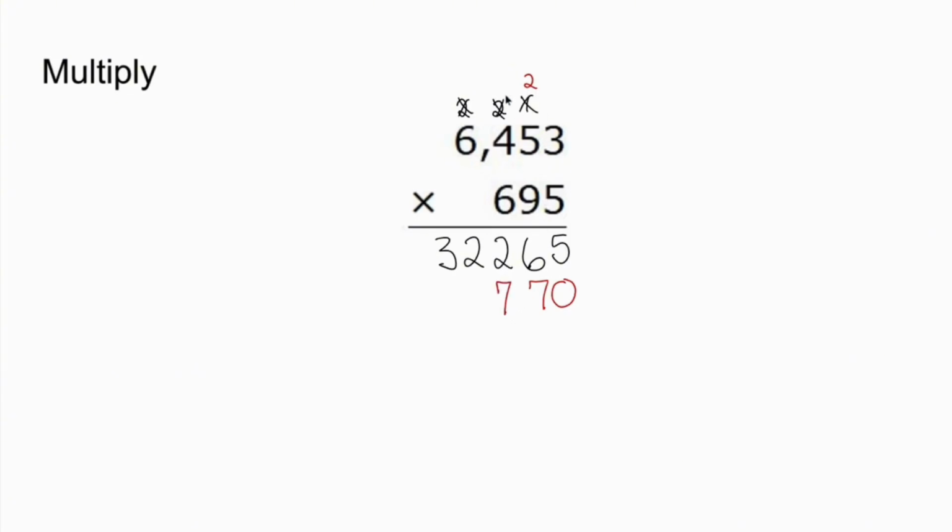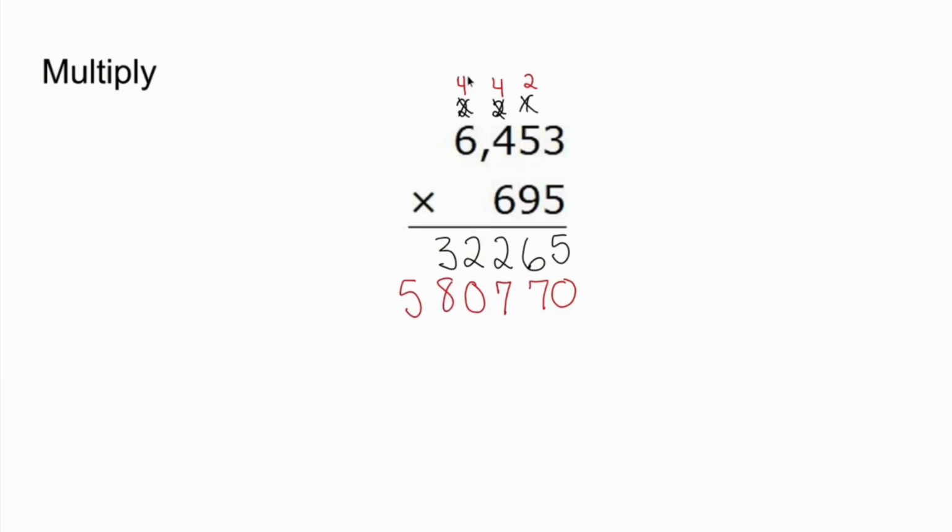Write out your 7, carry over a 4. 9 times 4 is 36. 36 plus 4 is 40. Write out your 0, carry over a 4. 9 times 6 is 54. 54 plus 4 is 58. 58 gets written out in its entirety because we are now done.